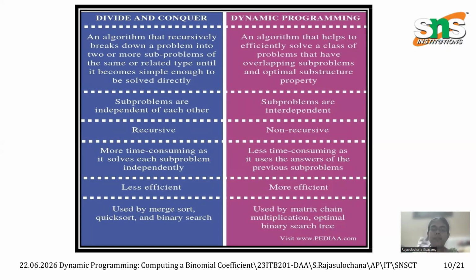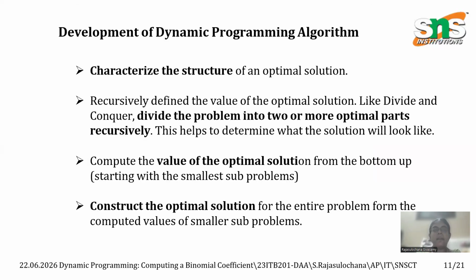It can be used for solving recursive algorithms, whereas dynamic programming can be used for solving non-recursive problems. Some example problems that can be solved using divide and conquer are merge sort and quick sort, and those solved using dynamic programming include optimal binary search tree and matrix chain multiplication problems.